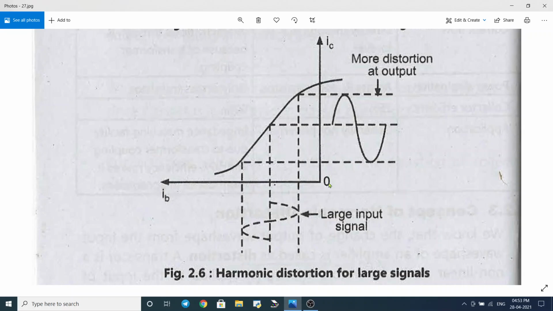But for a large signal, there is a difference in these two amplitudes, and this difference goes on increasing.